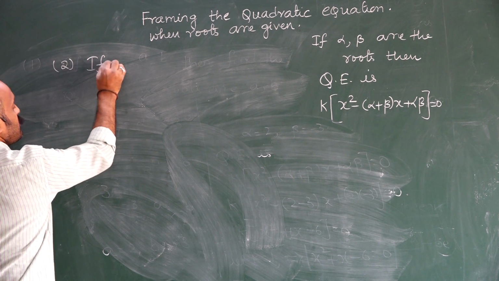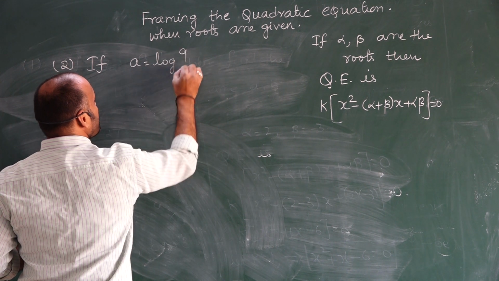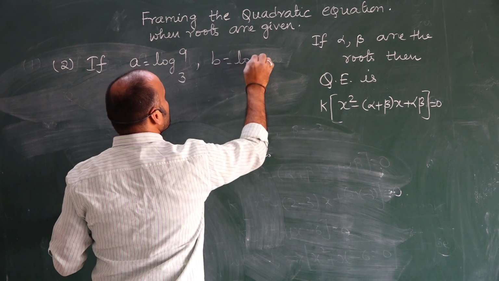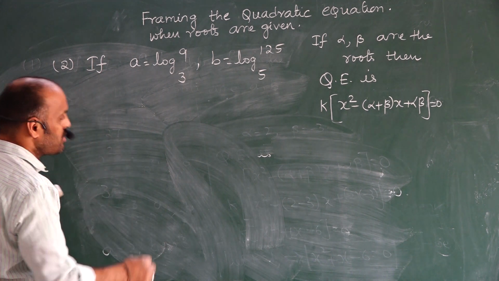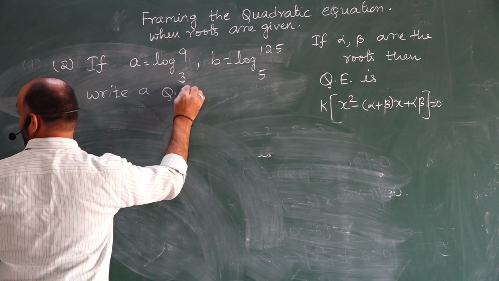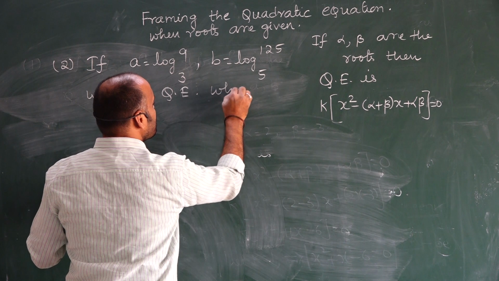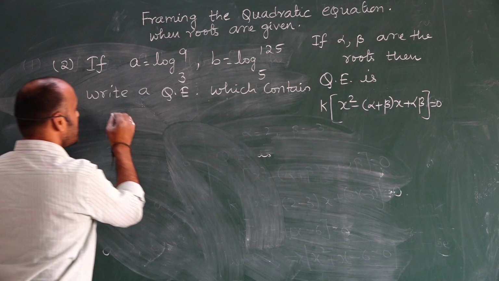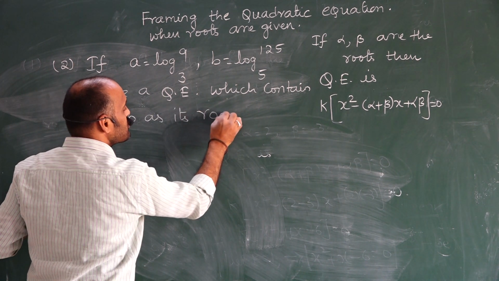If a is equal to log 9 base 3, b is equal to log 125 base 5, write a quadratic equation which contains a, b as its roots.